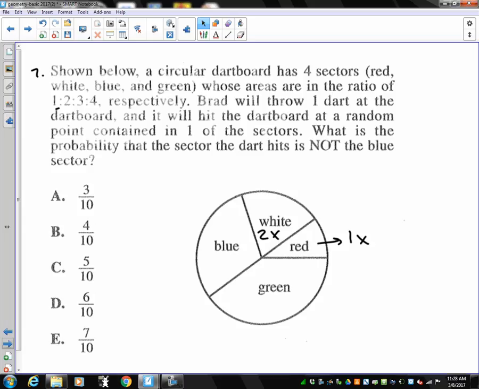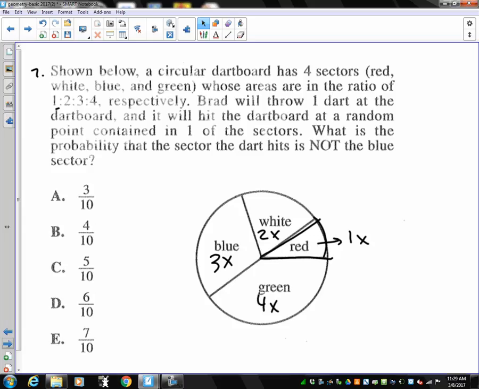By the way, what's a term that I use sometimes? A sector is, this will be an example of a sector, sort of like a piece of pie. That's what a sector is. Now, let's see, the blue would be 3x, and then the green would be 4x.